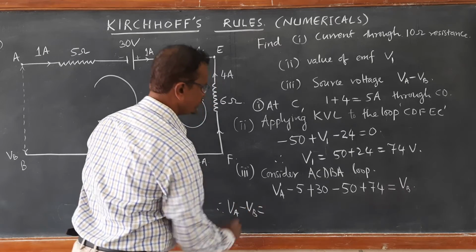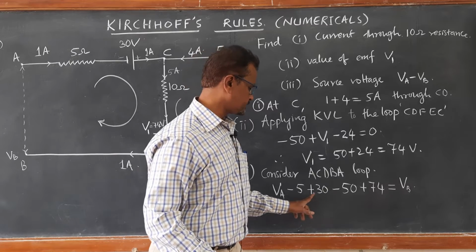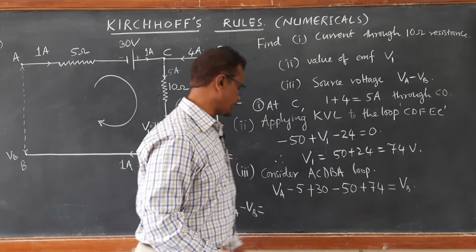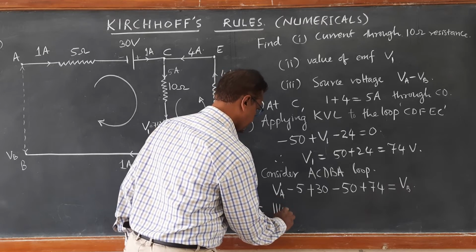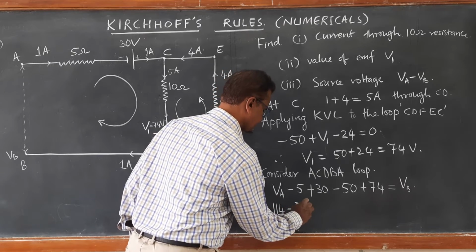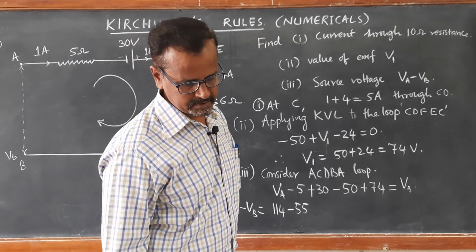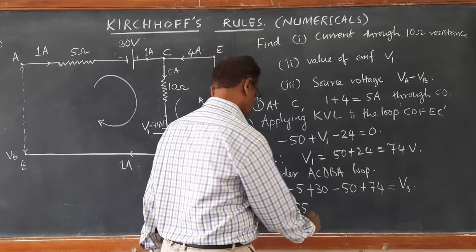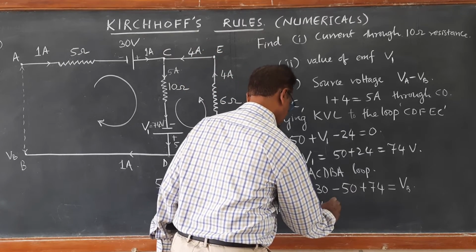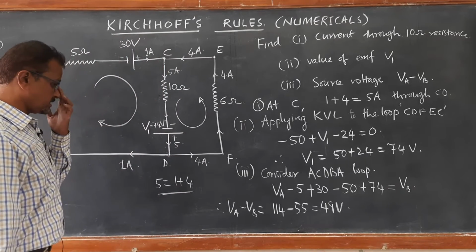VA minus VB equals minus 55, and here it is 114. 114 minus 55, so it becomes 49 volts. So that's how we find out the result.